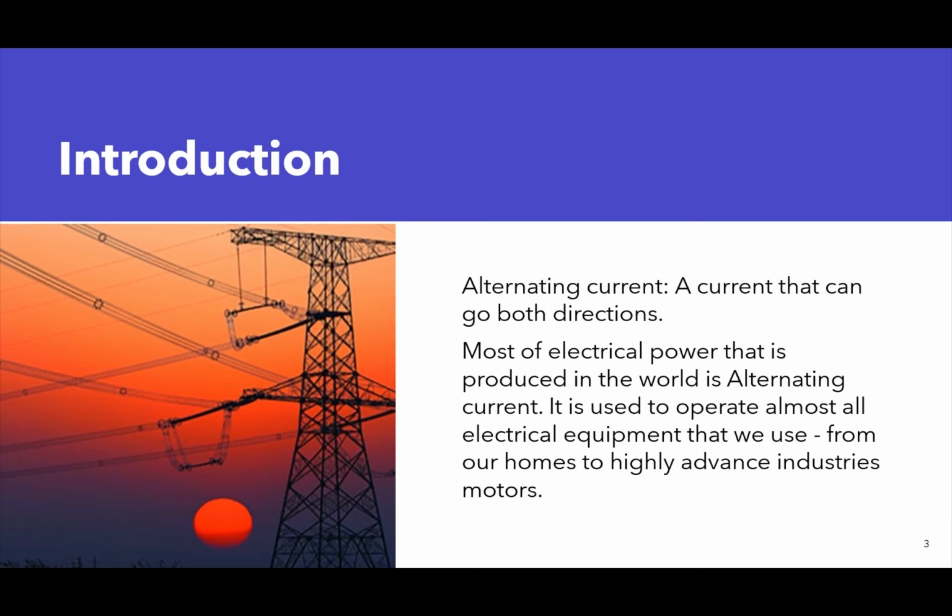Most of the electric power that is produced in the world is alternating current. It is used to operate almost all electrical equipment that we use today. Starting from your house, just think of anything like your fan, your TV, your microwave, your fridge, everything that takes any electricity will be AC powered. At home, we usually have 120 volts AC.